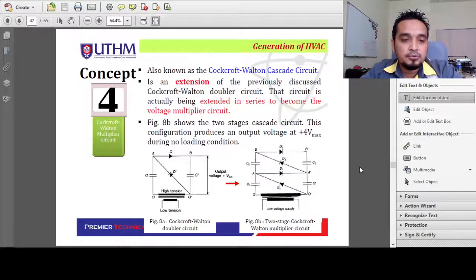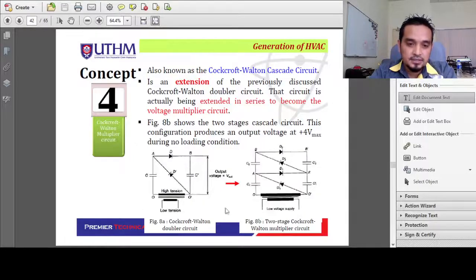And the last one will be the Cockcroft-Walton multiplier circuit. Just by looking at the title, we know that this circuit can be combined, like a cascade, to reach a relatively higher voltage level. This is the arrangement, the Cockcroft-Walton circuit.